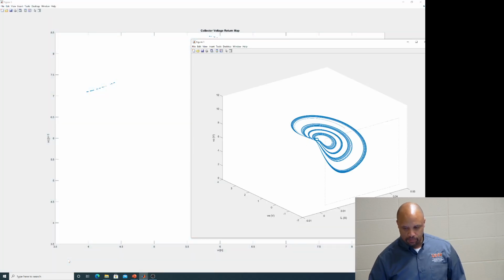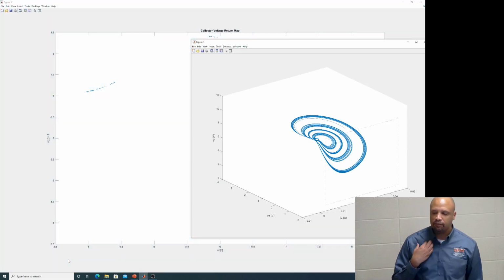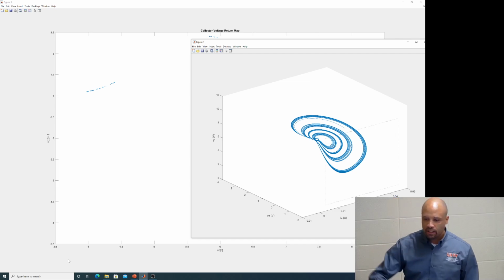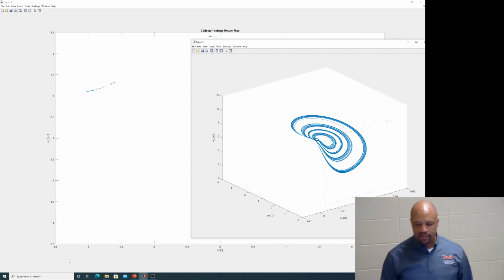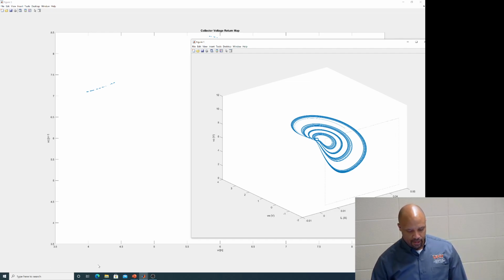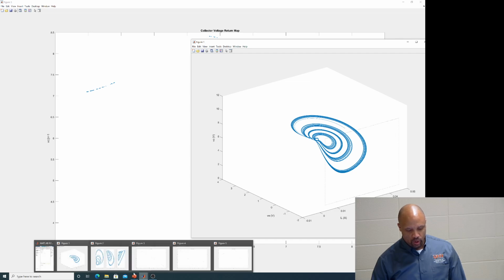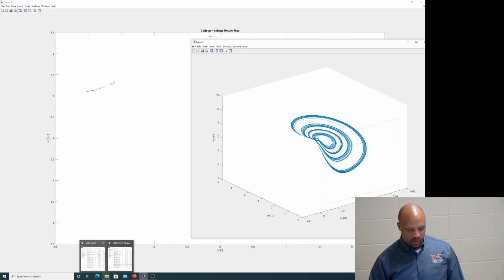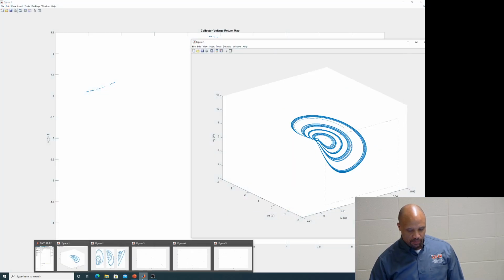Here's the attractor, but it's still a periodic orbit because eventually it goes back on itself. It's not repeating like the other one did. So when you get this code, you can play with all the parameters if you like. Just make sure you remember what the good ones are, and keep a copy of them.